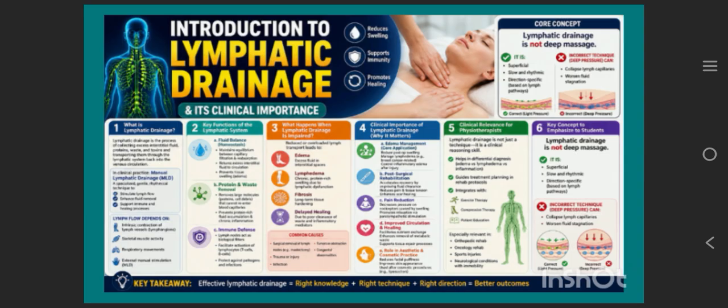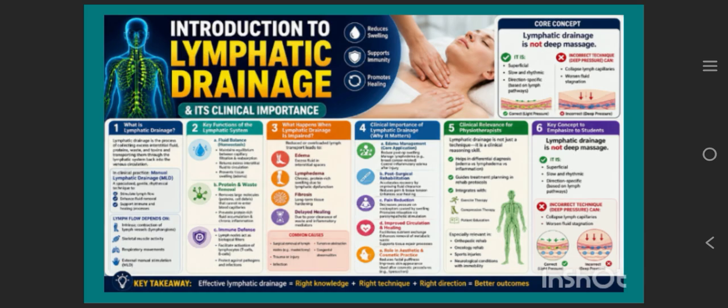In simpler terms, when fluid leaves the blood capillaries to nourish tissues, not all of it returns directly. The remaining fluid, along with larger molecules that cannot re-enter the blood vessels, is taken up by the lymphatic system. This fluid is called lymph.